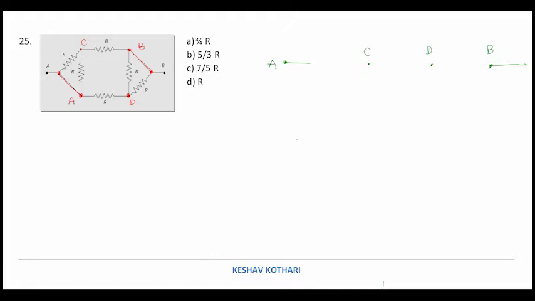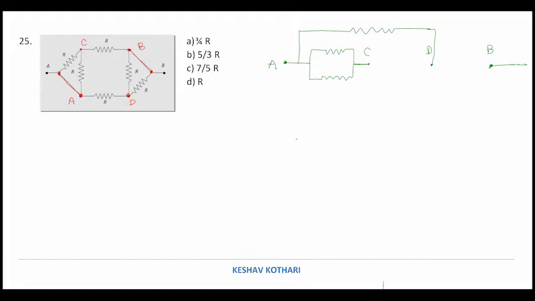Between A and C there are 2 resistors, each of resistance R. Between A and D is another resistance equal to R. Between C and D there is no connection.